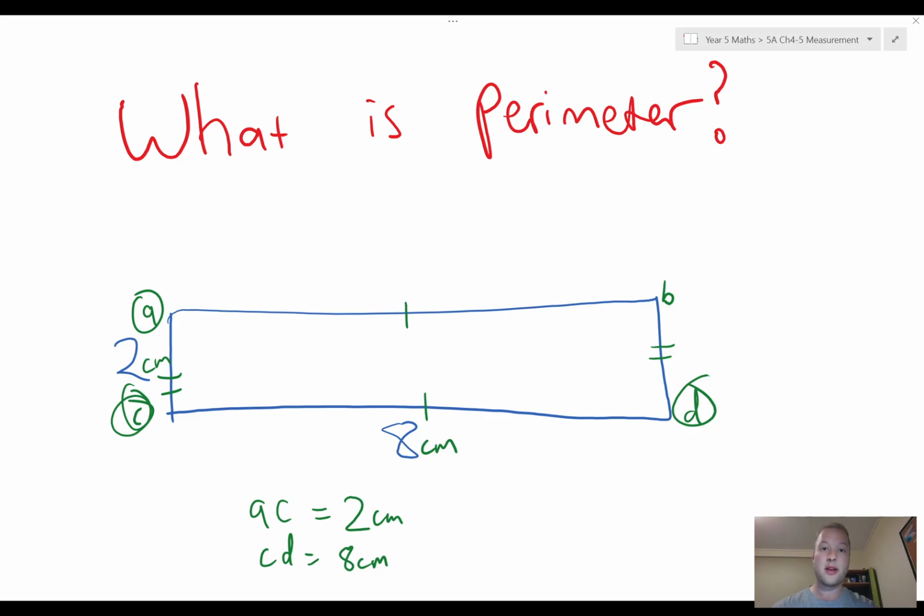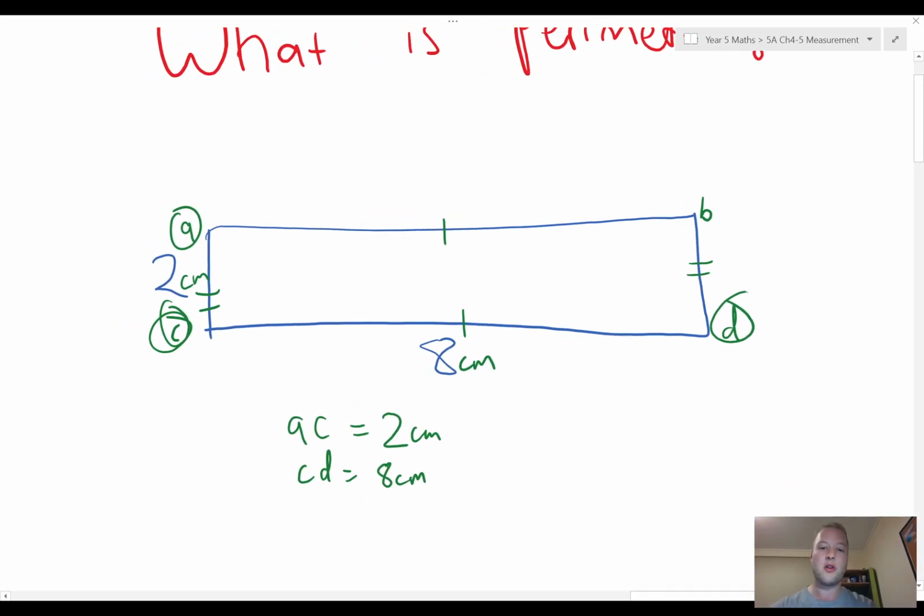So perimeter is when you add up all of the lengths. So in a rectangle, often we can call this side here the length, and maybe we can call this one the width. So I'm saying the length is 8, the width is 2. We add up all of the lengths and widths. So I've got 2 plus 2.